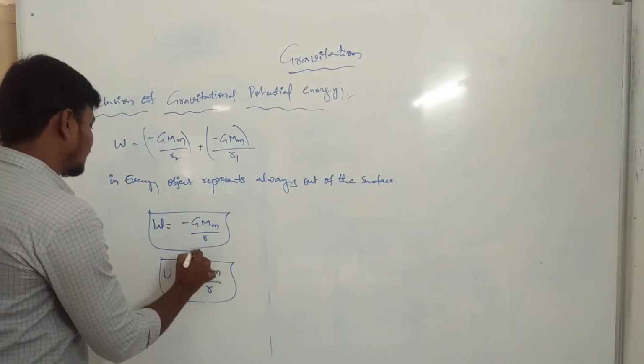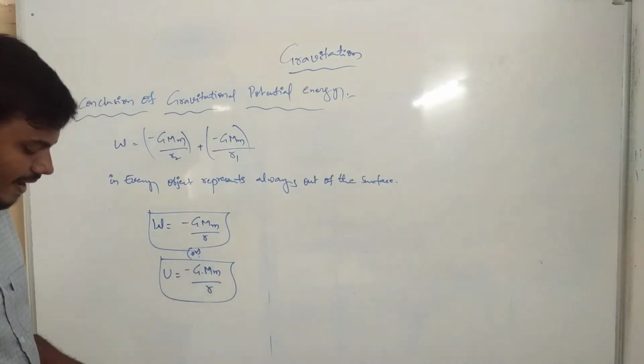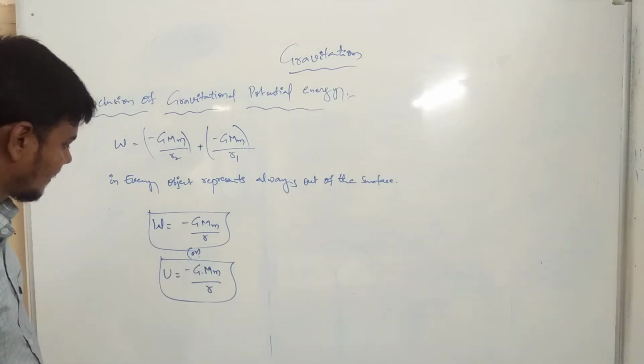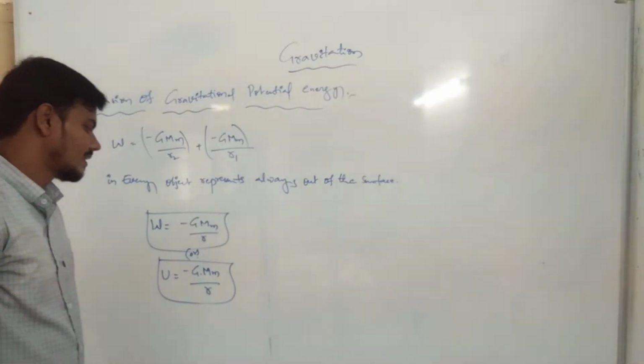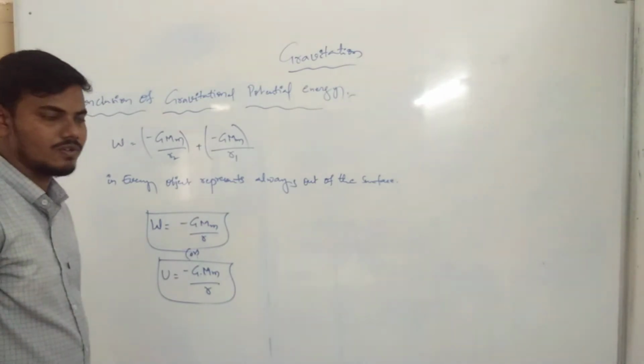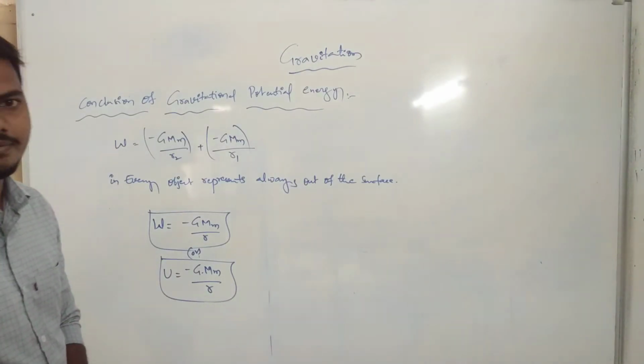Overall, W is equal to minus G M m by R, and at the same time capital U is equal to minus G capital M small m by R also. Now this is the conclusion of gravitational potential energy.